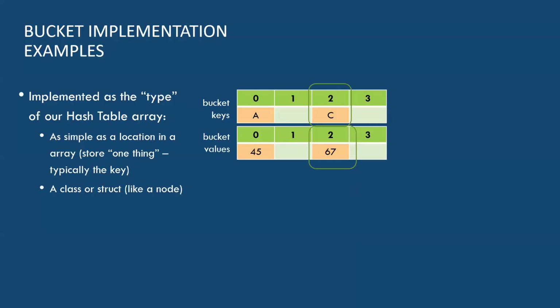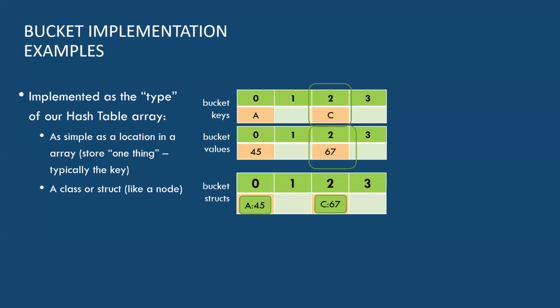We could also design a class or a struct and consider storing those all in one array. Hopefully we realize at this point in our coding that an array could hold integers or it could hold an instance of a class. Structs and classes are really pretty much the same thing.